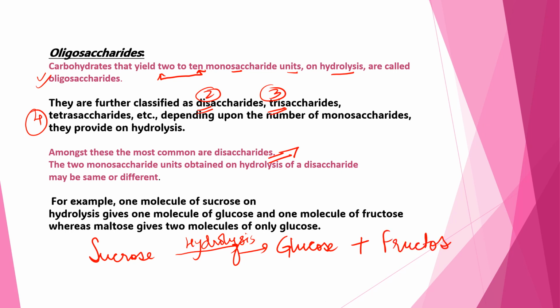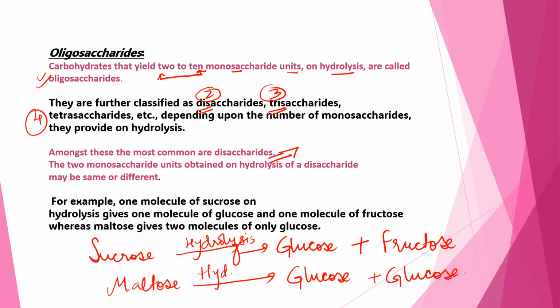Whereas maltose, on hydrolysis, gives only glucose plus glucose. So these oligosaccharides can give different units on hydrolysis, for example sucrose, or the same units, as maltose gives only glucose. So this is about oligosaccharides.